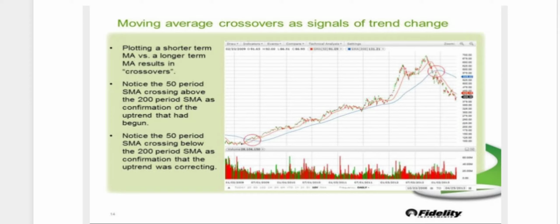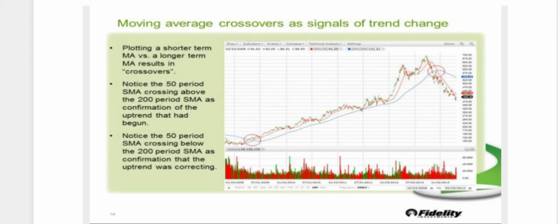If you've ever heard the term golden cross before, that's this type of action: when the quicker moving average is below, the slower one turns up and crosses. In hindsight, it led to a very nice uptrend. And as Brian mentioned on the previous slides, the longer-term moving average acts as a kind of moving trend line for quite a while until price starts accelerating away from it to the upside.